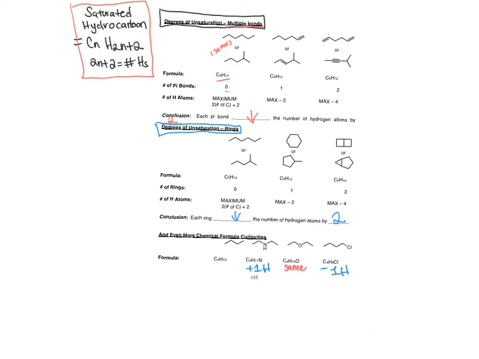So let's start to put that together. All right, I had that kind of cut off here, the same conclusion, but I'd written it on the previous page. So each nitrogen increases the number of hydrogen atoms by 1. Each oxygen does not affect the number of hydrogen atoms, and each halogen replaces a hydrogen atom, so it decreases that.